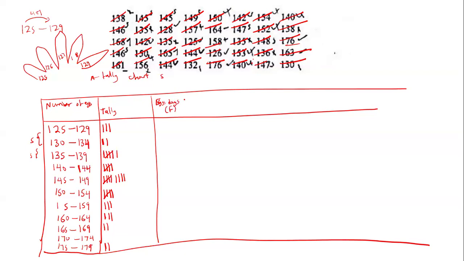Then here you put frequency. So what do we have? 3, then 2, 7, 6, then 5, 9, 5, 3, 3, 2, and 0, and 2.